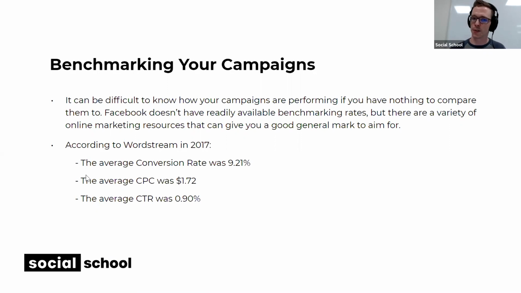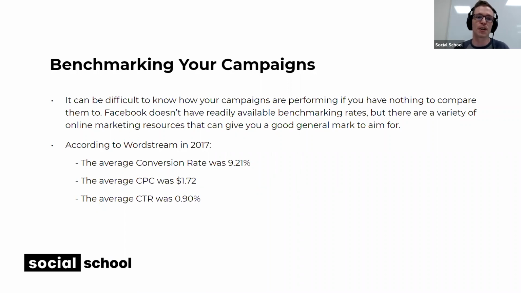Our CPC was 1.7. Our CTR was 0.9. And then the biggest question that I get back from the client, my account manager, anyone in the business is, well, how does that compare? You know, a 0.9% CTR could be really good. I just don't know, or it could be really bad and I have no idea at all.